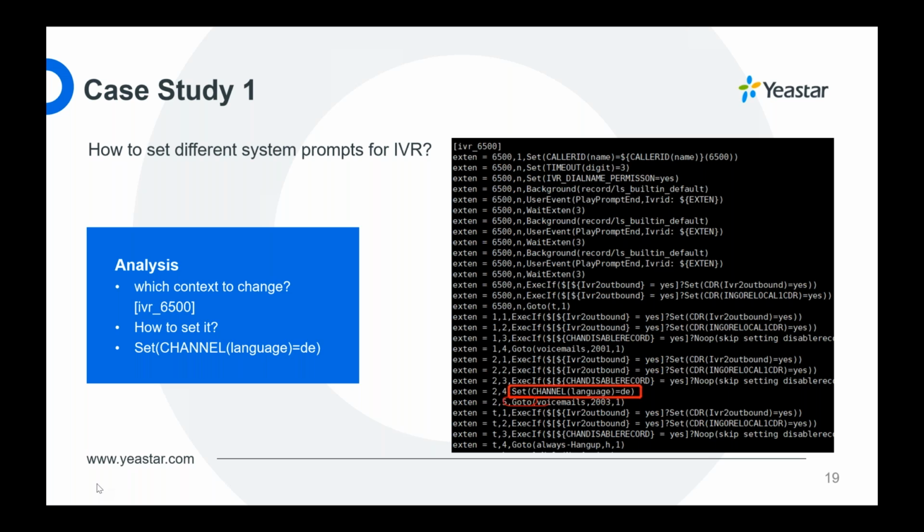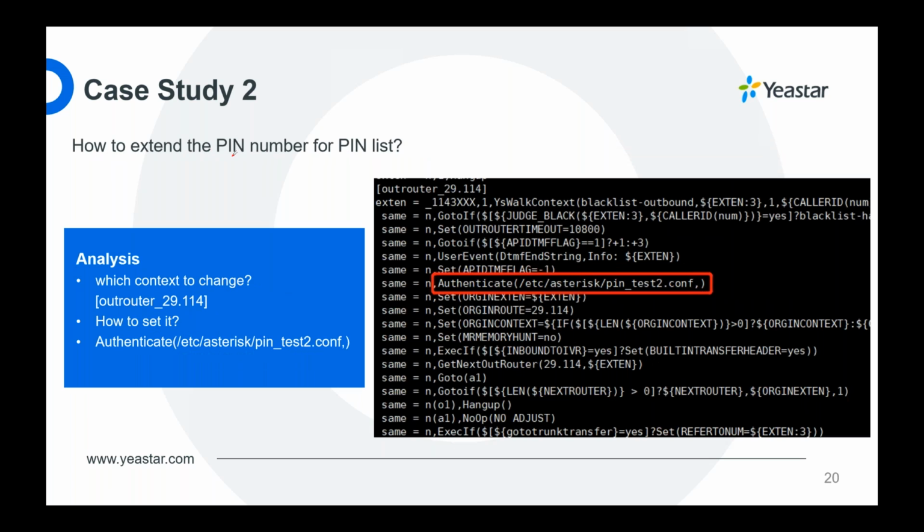and case study 2 is how to extend the pin number for the pin list. Okay, this is a very common issue, and this is for S series, because for P series, we increased the numbers for pin list because we received so many requirements to extend these pin numbers.